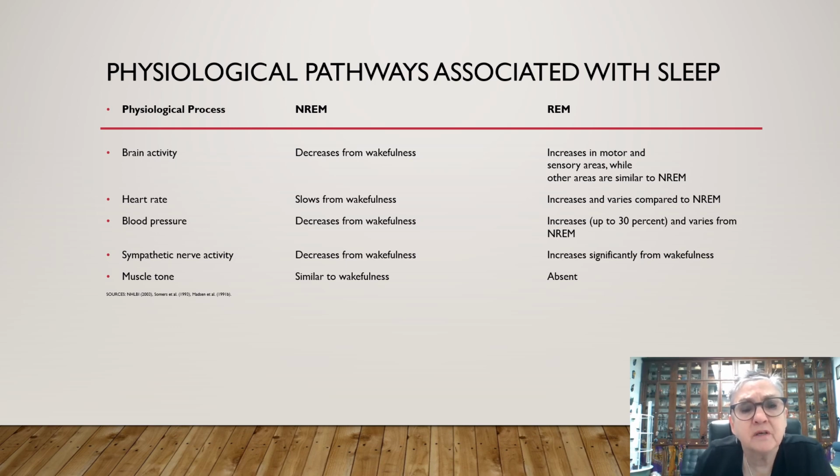Blood pressure decreases in non-REM from wakefulness, but increases during REM, up to 30%, and varies compared to non-REM. Sympathetic nerve activity decreases in non-REM, but increases significantly from wakefulness in REM. Muscle tone is similar to wakefulness in non-REM, but is absent during REM.